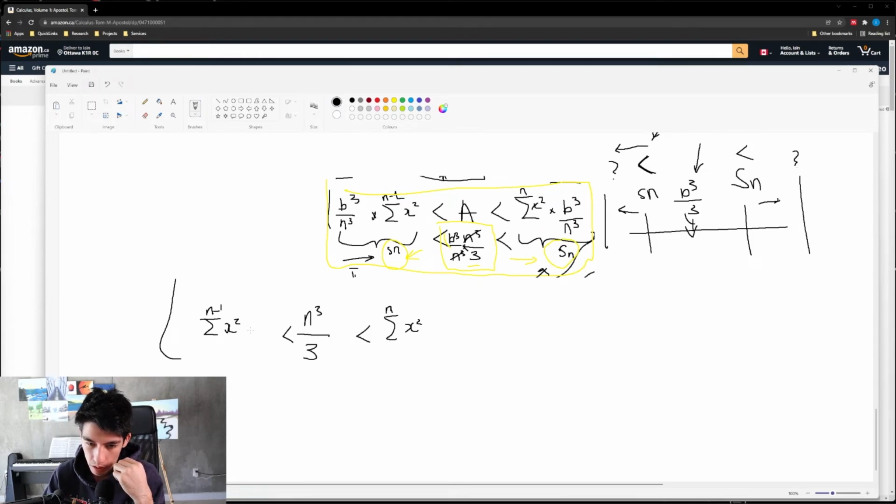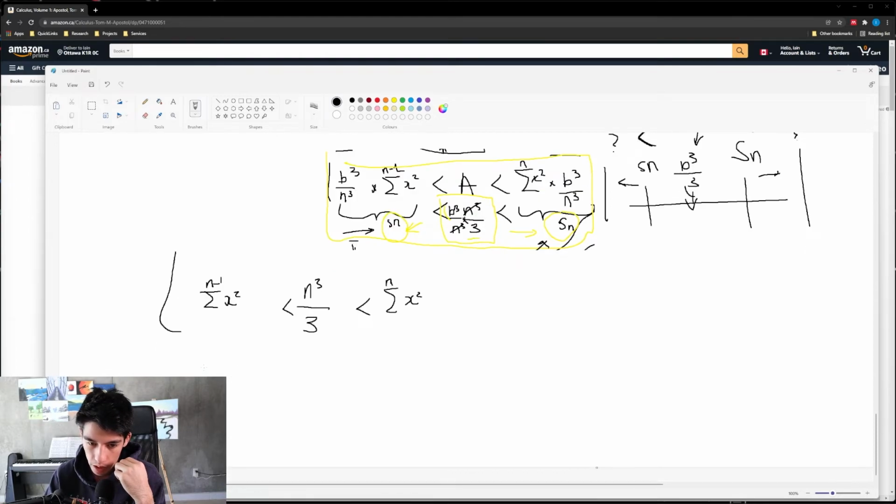Remember that the lower bound is this very term multiplied by b cubed over n cubed.